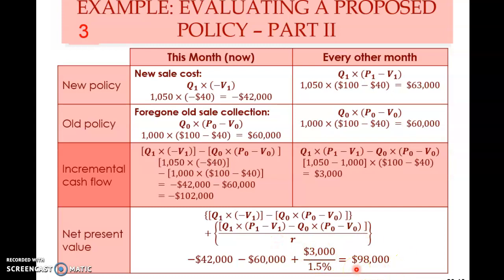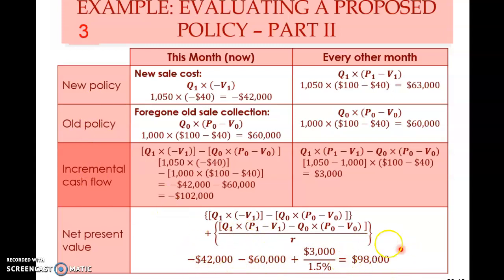What does that mean? It means the present value of your benefit of $3,000 per month, for forever, is worth this much, $200,000. But the cost now that you incur when you switch to the new policy is 102,000.